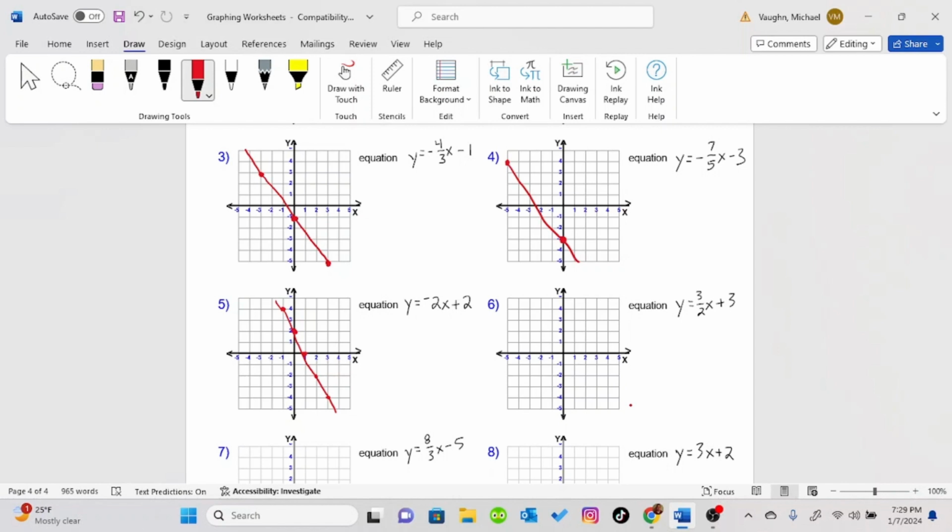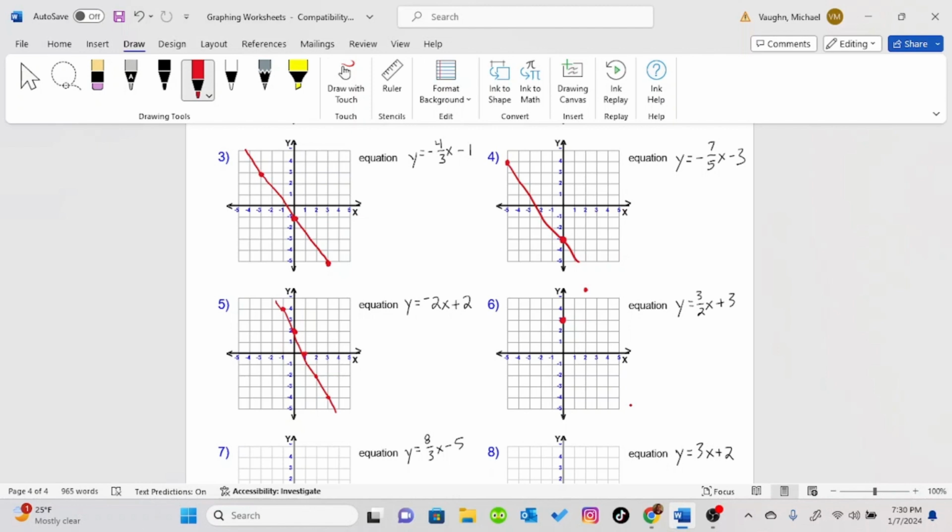Number 6, we see that our y-intercept is +3. That means we place our point at 0, 3 on the y-axis. We see that our slope is 3/2. So that would mean go up 3, right 2. And we have a point right here.